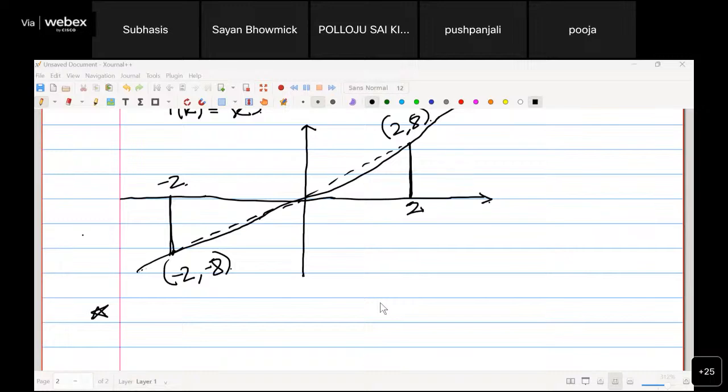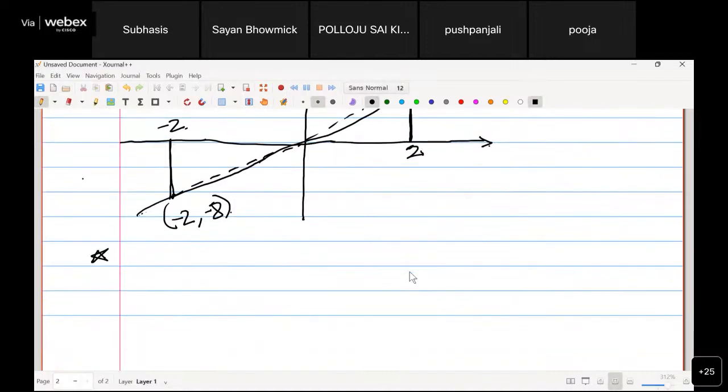Certainly there should be some variable a, right? I told you, a into x plus 1 into x minus 2 whole square. So we need to find the a. So P of x is basically a into x plus 1 into x minus 2 whole square, correct?